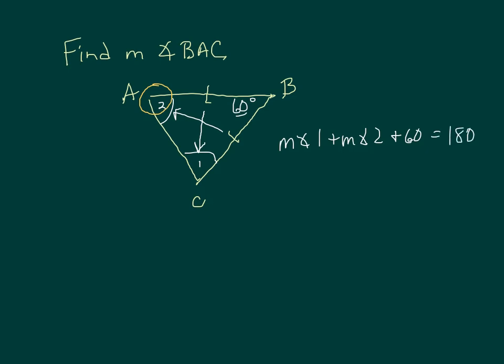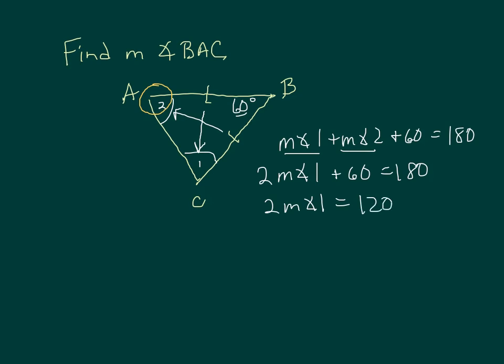But if 1 and 2 are the same, then I'm just going to substitute. I have two angle 1s. Again, if angle 2 is the same thing as angle 1, then I really have two angle 1s plus 60 equals 180. 2 times the measure of angle 1 equals 120.